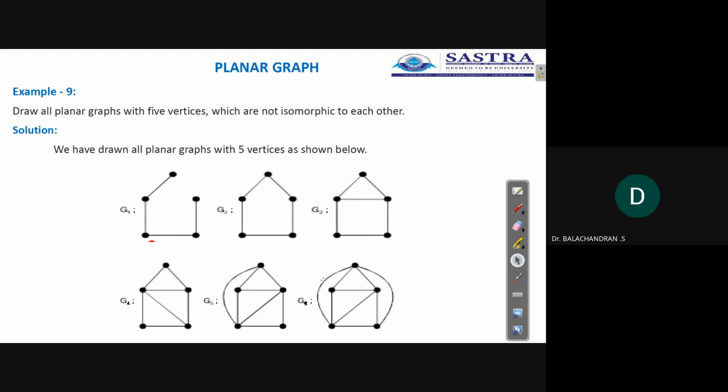Similarly, if I come like this, it will cross this edge. So you cannot draw a graph without crossing the edges. So these are all planar graphs with 5 vertices. But they are all not isomorphic because I am adding one edge from here to here, and from here to here another edge. So they are all not isomorphic to each other.